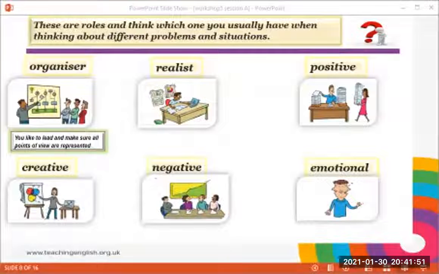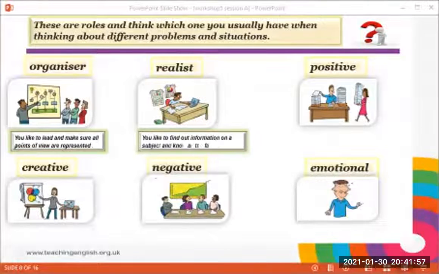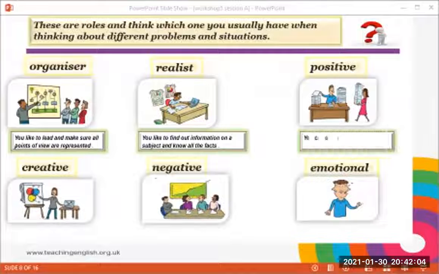Organizer, you like to lead and make sure all points of view are represented. Realist, you like to find out information on a subject and you know all the facts. Positive, you can only see the positive side of the situation.